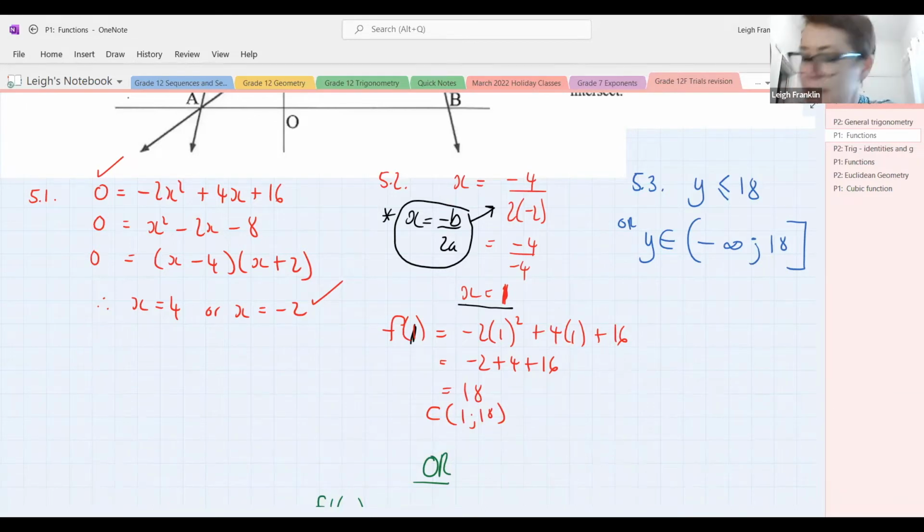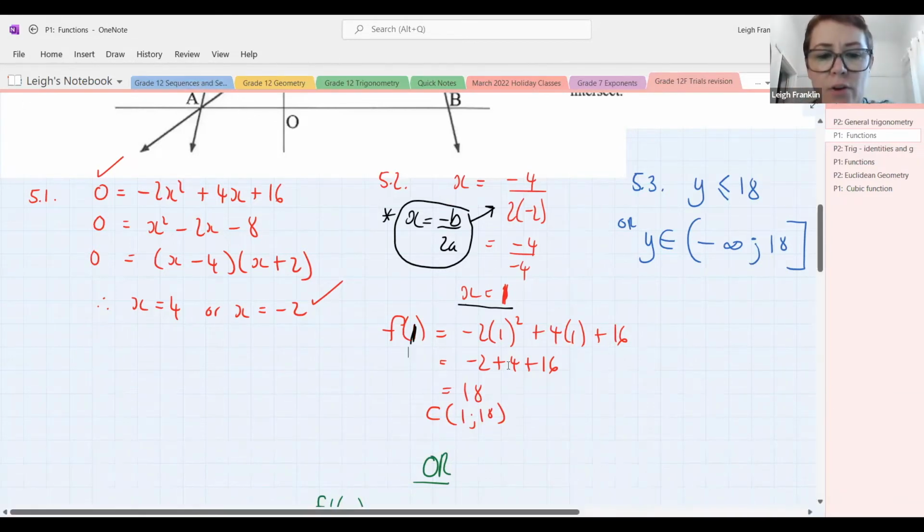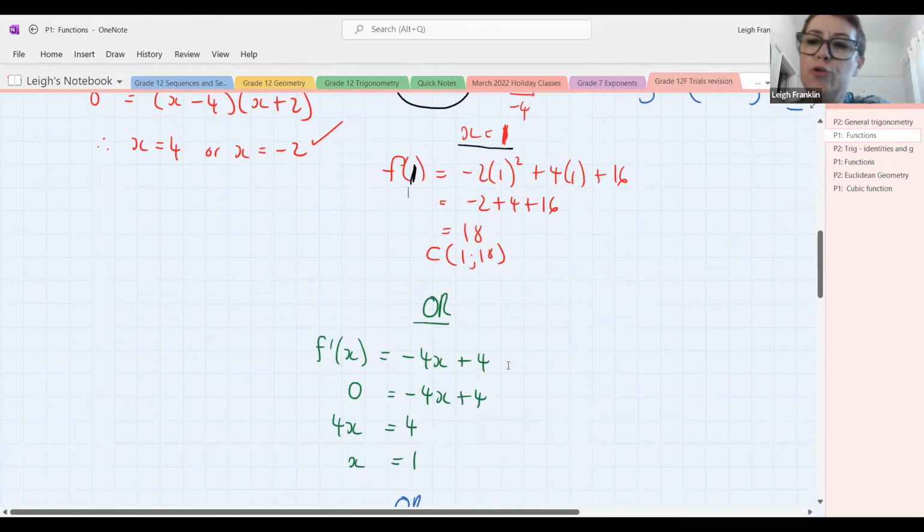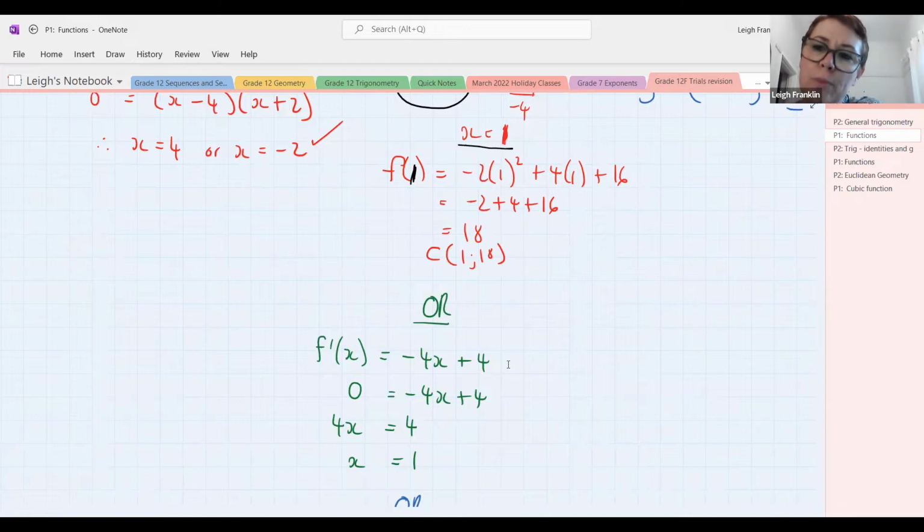The second way that you can do this is to use calculus. Because the gradient at the turning point is what? What is the value of the gradient at the turning point? Yes, Palesa. The second method, it's not doing it by first principles.